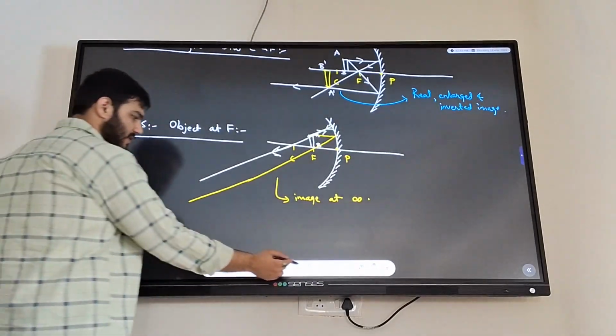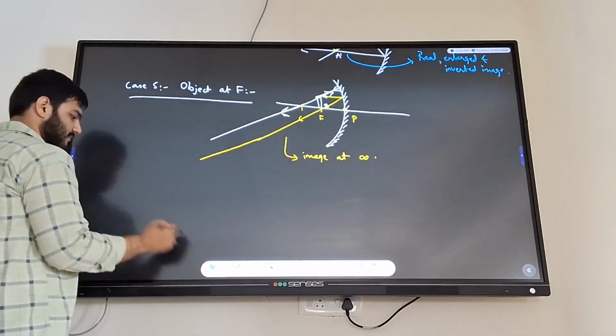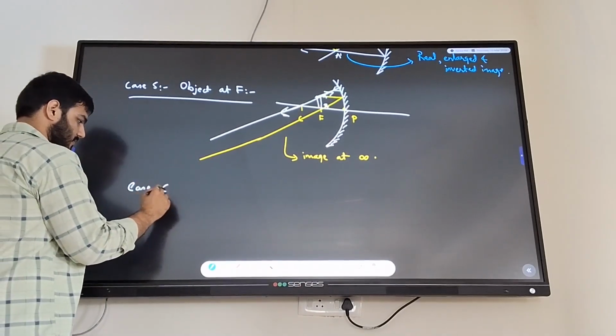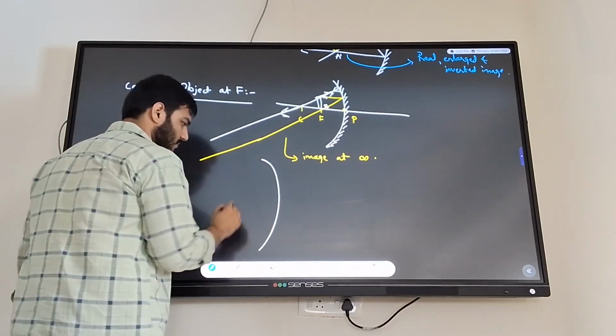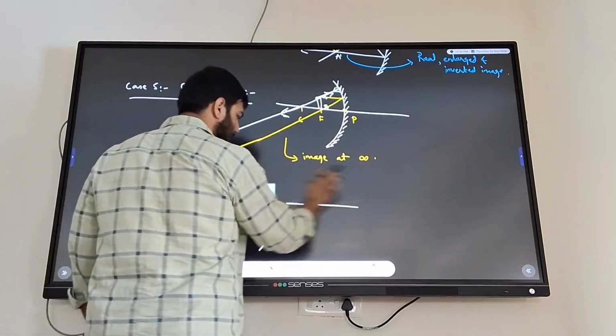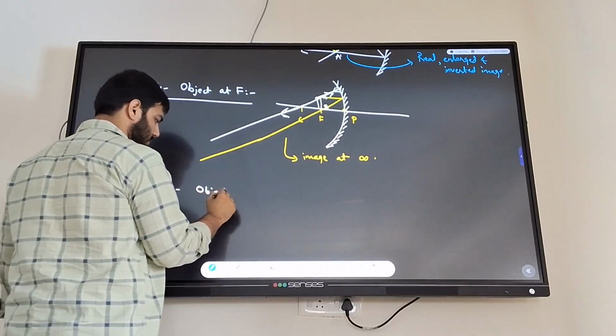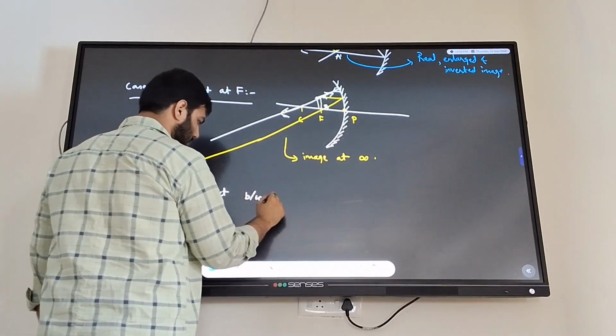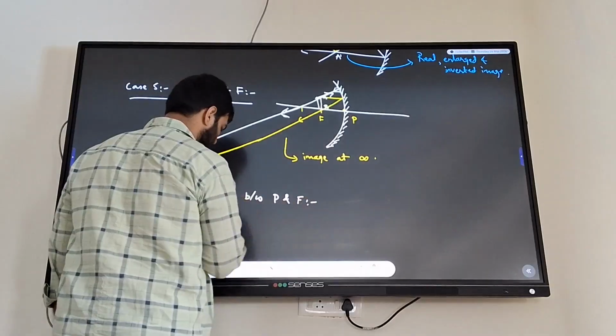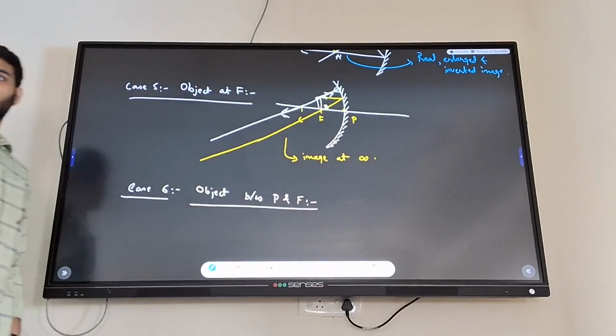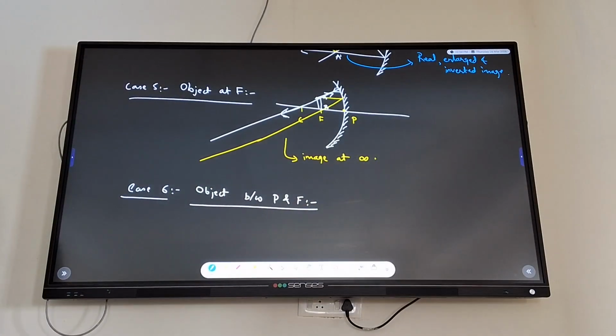Good. Case number 6. So where should I place my object now? Between P and F. Object between P and F.